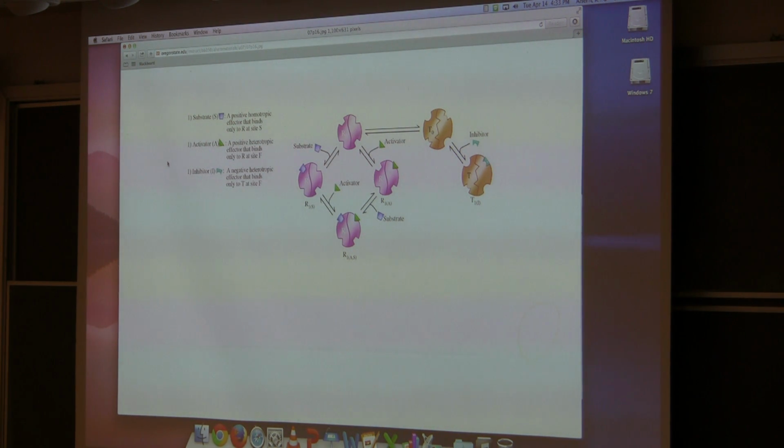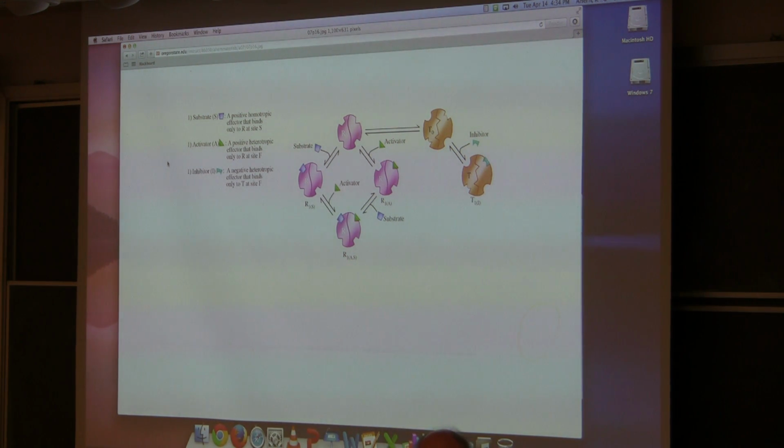The other model of catalysis is called the concerted model. This is the magic model. The magic model says that enzymes flip all by themselves from R to T or from T to R. It doesn't take a cause and effect. In the case of the first thing I told you, the binding of one favored the binding of another, or the binding of one might inhibit the binding of another.